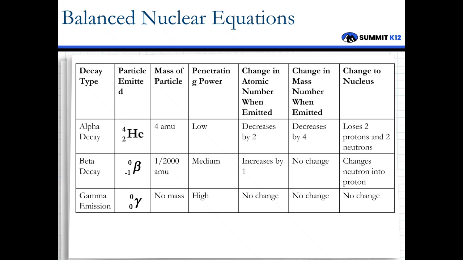It's only typically stopped by about 10 centimeters of lead. There's no change in the atomic number, no change in the mass number, and there's no change in the nucleus. So it just emits a high frequency gamma emission, and there's no change to that atom at all.